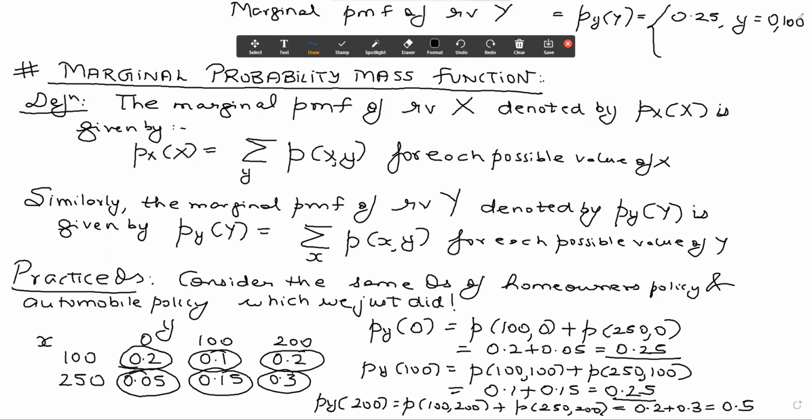When y takes the value 0 or 100, the value is 0.25. And when y takes the value 200, the probability mass function of y is 0.5. And then I can say 0 otherwise. For all values other than 0, 100 and 200, the probability mass function of y is 0.